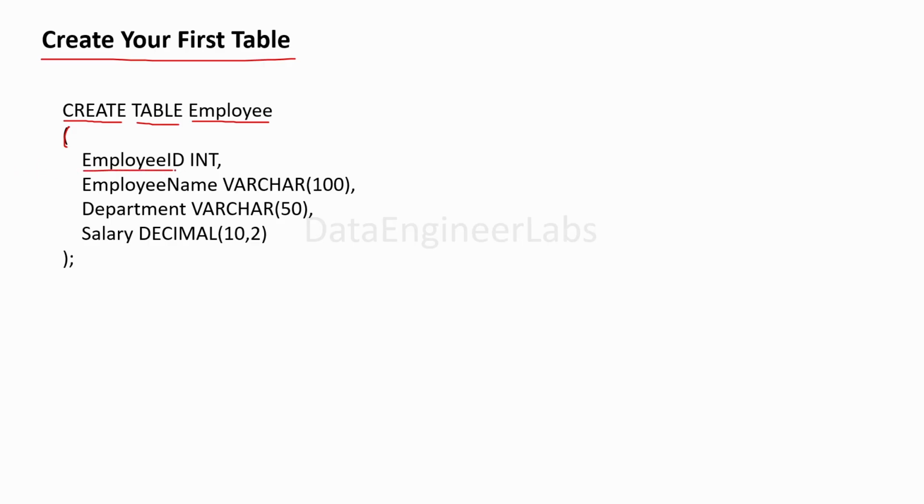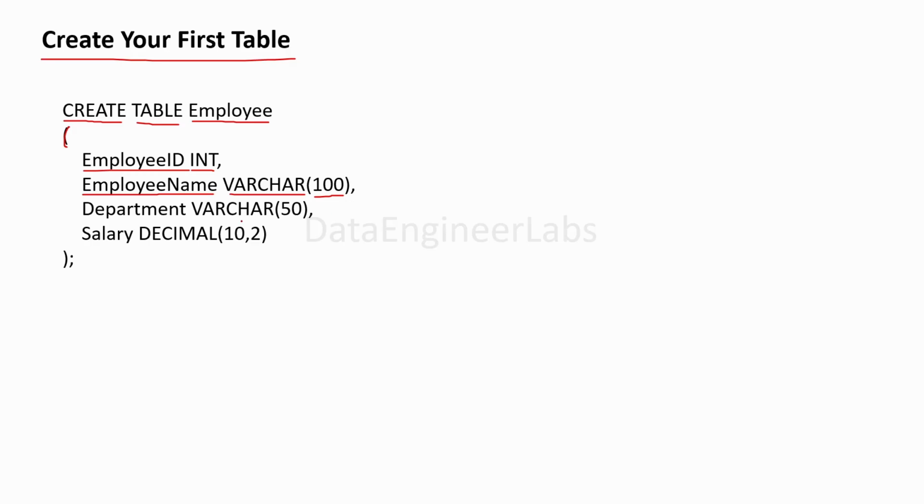For example, employee ID and the data type is int or integer. And then separated by a comma, we specify another column, which is employee name, which is a varchar, meaning text. And we are also limiting the length of the text to 100 here. So it cannot store any text which is more than 100 characters.